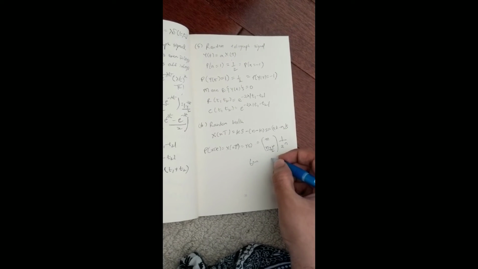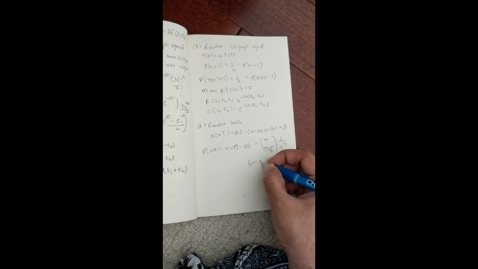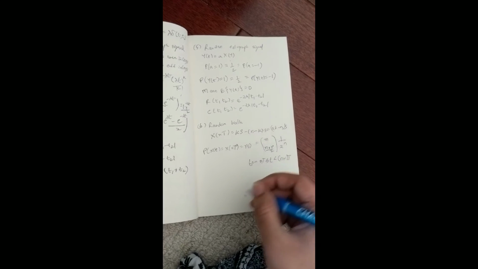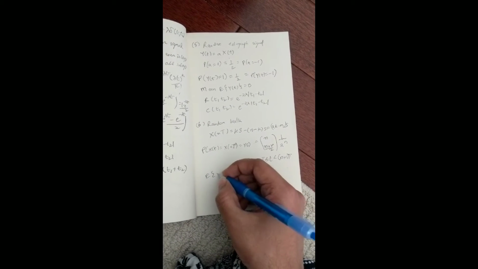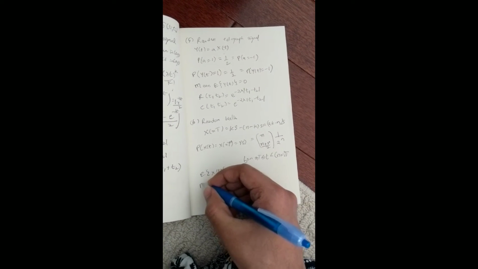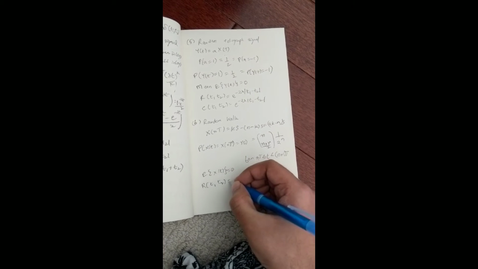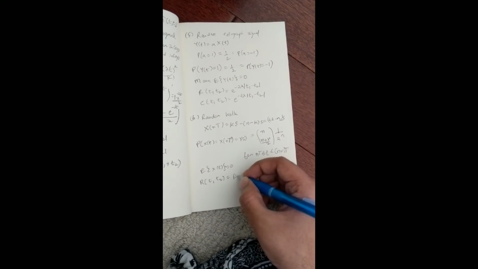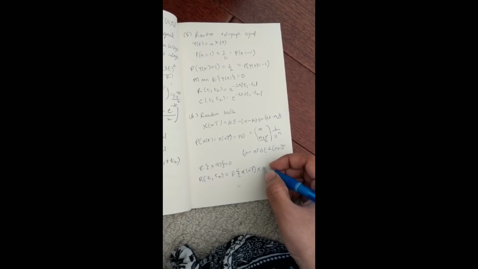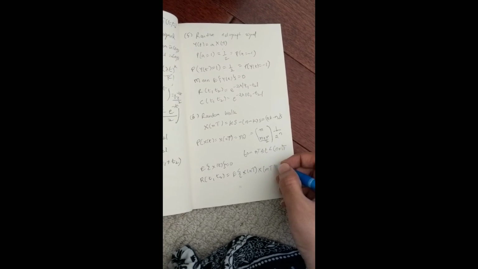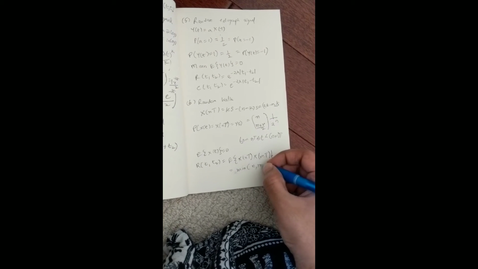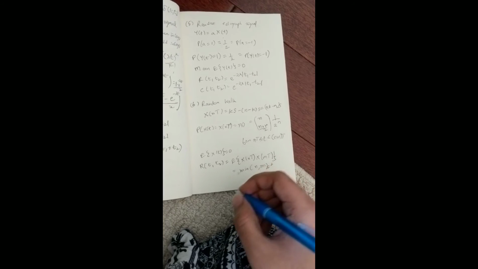For t between nT and (n plus 1) T, the mean is 0. Autocorrelation is E of x of nT into x of mT, which is the minimum of n and m times s square.